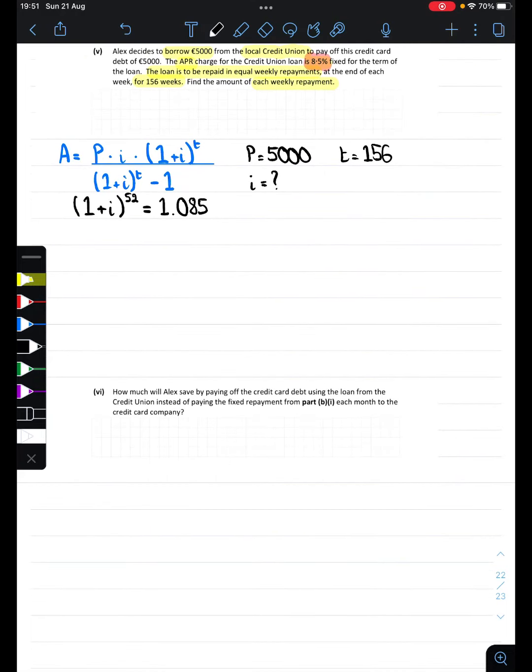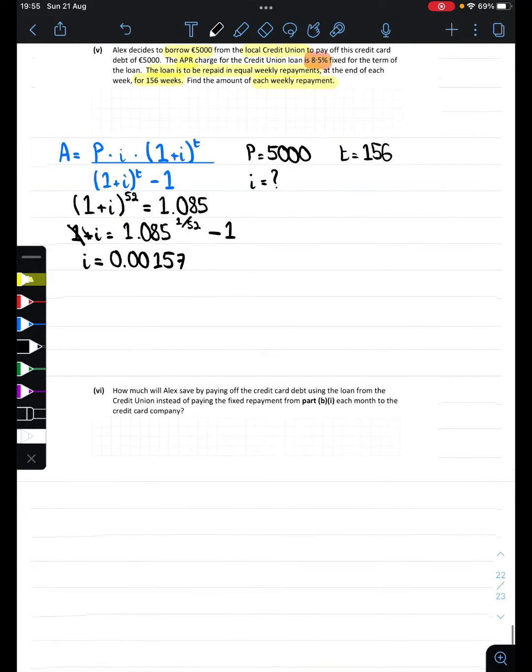We just 1 plus I equals 1.085 to the power of 1 over 52, and then minus 1 to get I by itself. So I equals 0.00157.